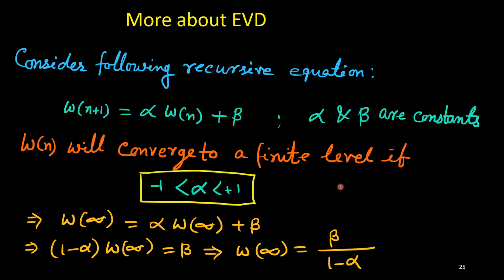But depending on beta, you will get the final value, that is beta upon 1 minus alpha. Anyway, so we have considered one recursive equation with only one variable, Wn, and this Wn plus 1 is depending only on Wn, the previous value, and some constant. That is fine.